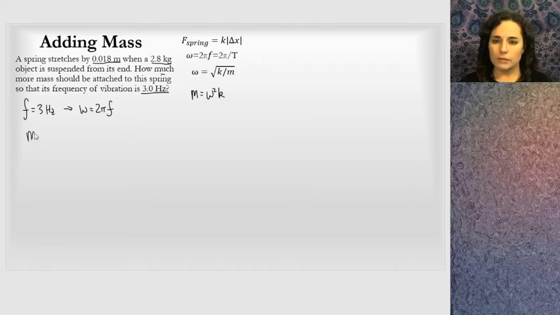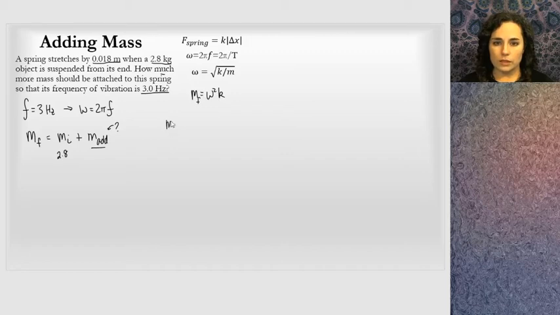And this m that I'm looking for, this m final, is going to be the initial mass plus some additional mass that they're asking us to find. That's what we don't know here. The initial mass is the 2.8, but I don't know the additional mass. That's what they're asking. So mass final equals omega squared k.